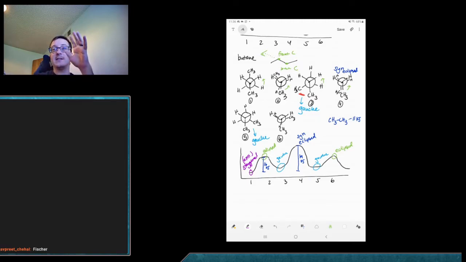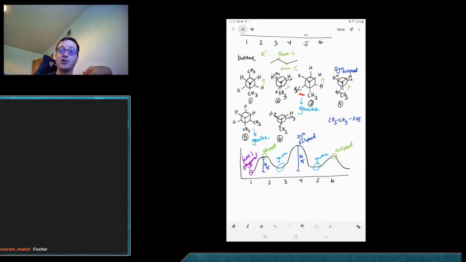If we rotate 60 degrees, we end up now eclipsing some of our substituents. We have 2 methyls eclipsing a hydrogen, and we have 1 hydrogen eclipsing another hydrogen. We keep rotating. We now have our methyls nearby each other, even though it's staggered. We call that gauche.